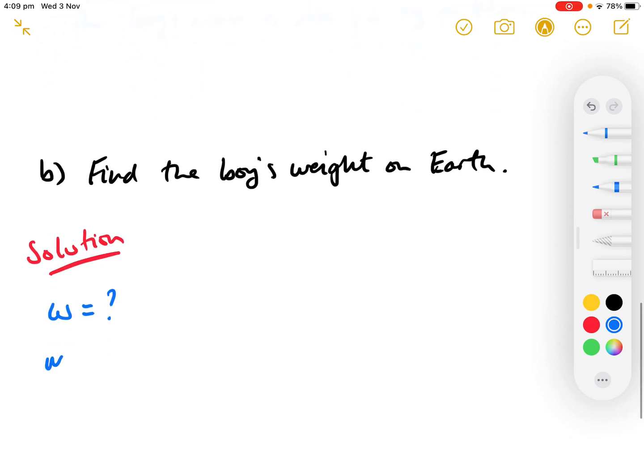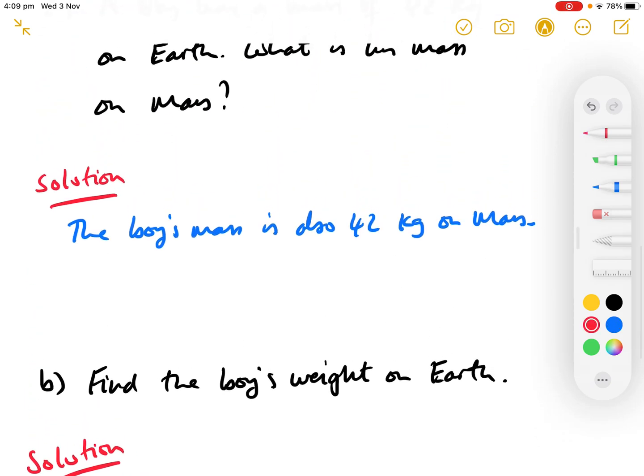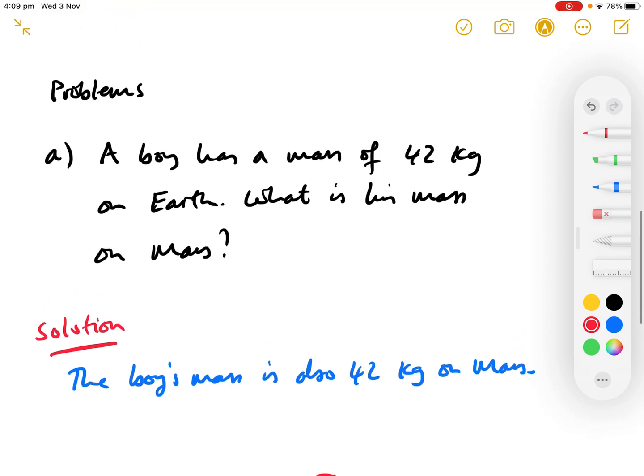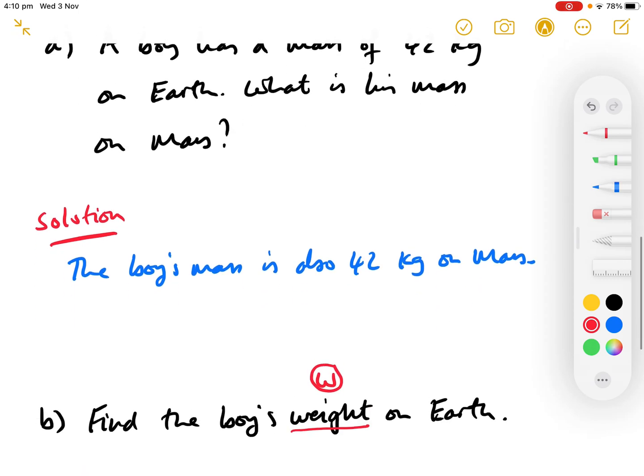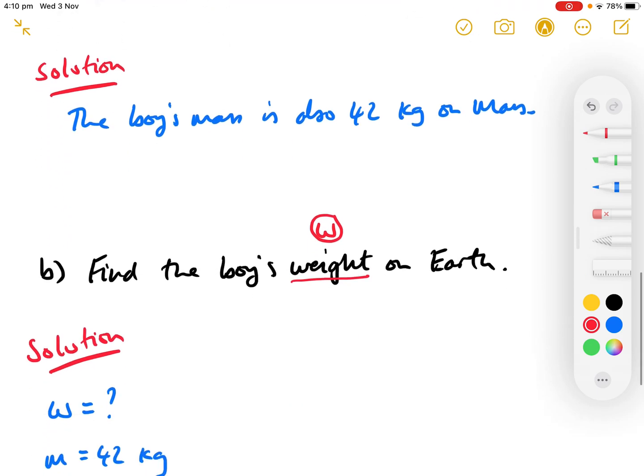You're told his mass is 42 kilograms, so you write that down. Okay, so what I've done there is I've realised I'm looking for the boy's weight, so there's my W. I'm told that his mass in the question is 42 kilograms. So that's my m.